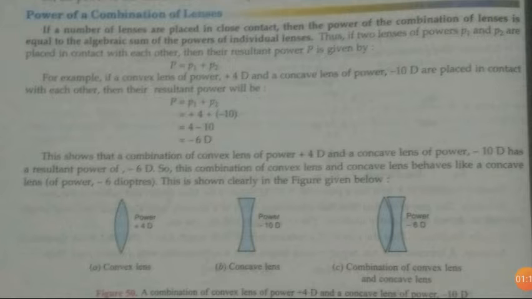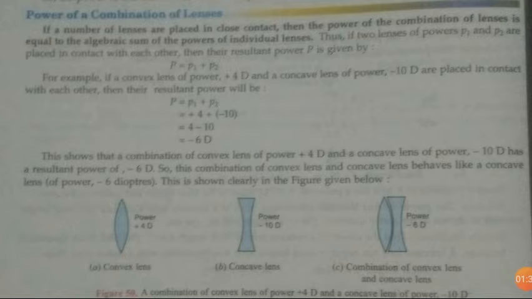When we keep them in contact, the resultant power will be the algebraic sum, P1 plus P2, that is plus 4 plus minus 10. When we do the addition, we get minus 6 diopter. So the combination will work like a concave lens because we are getting a negative sign here.